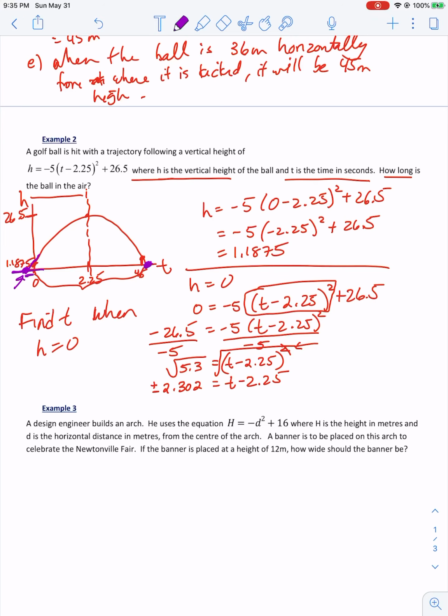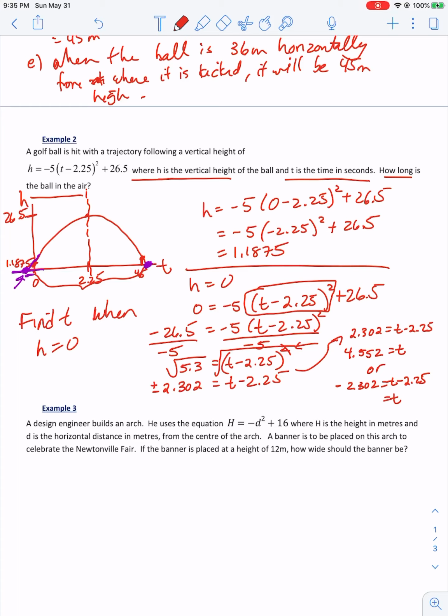Either 2.302 equals t minus 2.25. So I bring the 2.25 over to the other side, and that's going to give me 4.552, or negative 2.302 equals t minus 2.25.